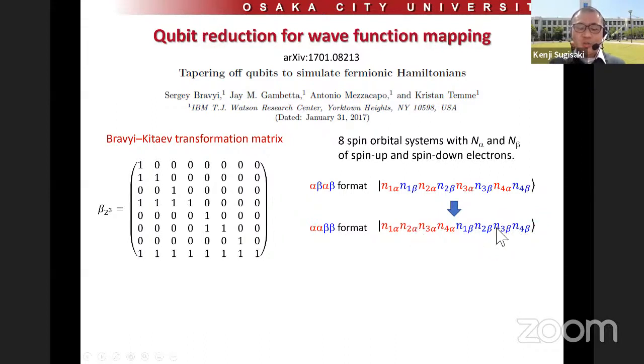And this is just an occupation number basis. And then we perform the Bravyi-Kitaev-type transformation. By applying the Bravyi-Kitaev-type transformation, we can obtain this kind of quantum state where Q1, Q2, Q3, Q4, and so on depend on the occupation number of this wave function.